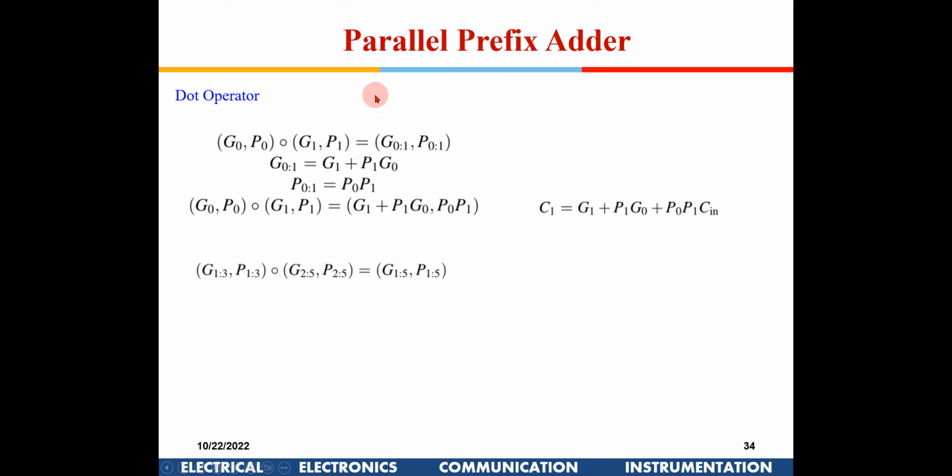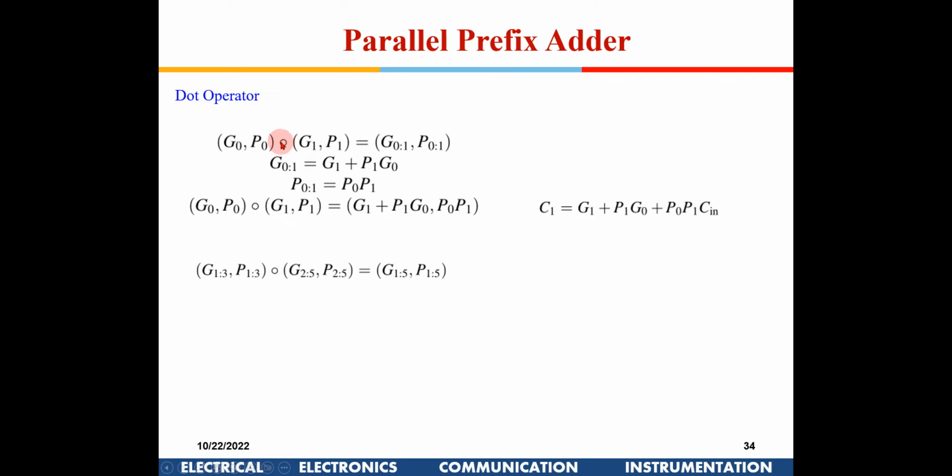Now before talking about a few more adders, let's try and understand what a dot operator is. I have G0 and P0, generate from G0 and propagate from P0. Again I have generate G1 and propagate P1, and I do a dot operation.